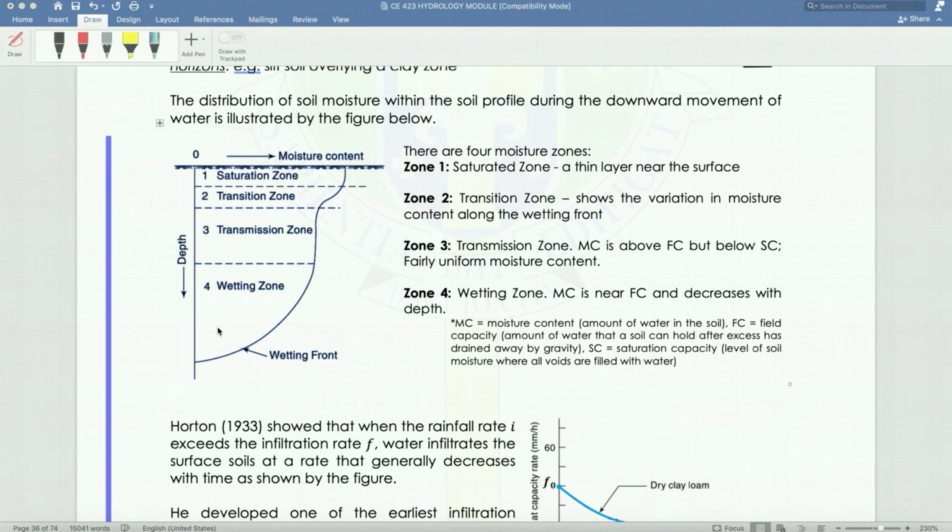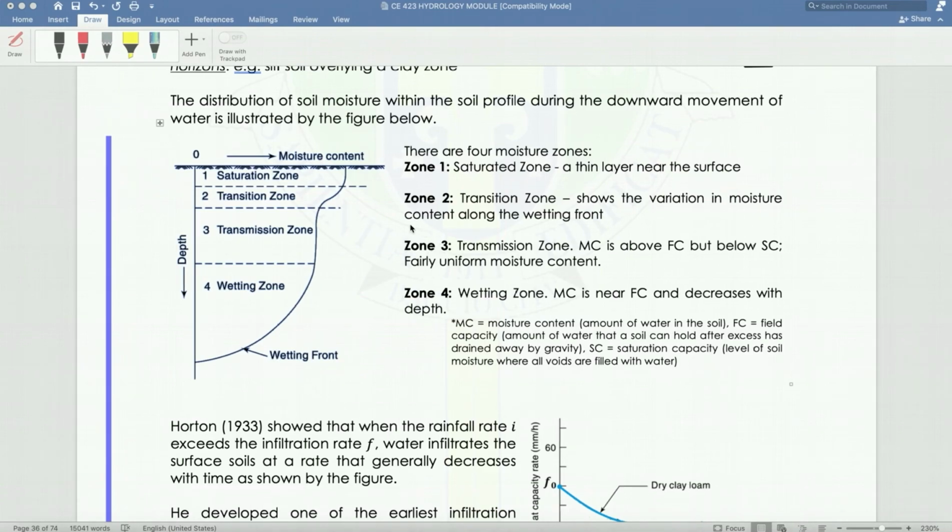Okay? So if that would be the case, then it would be easily occupied by water molecules. Okay? So for zone number 2, this shows the variation in moisture content along the wetting front. So here sa saturation zone, medyo maraming water content. Then as we go deeper, papuntang transmission zone, mas nababawasan. Okay? Due to a factor also that is being contributed by the compaction.